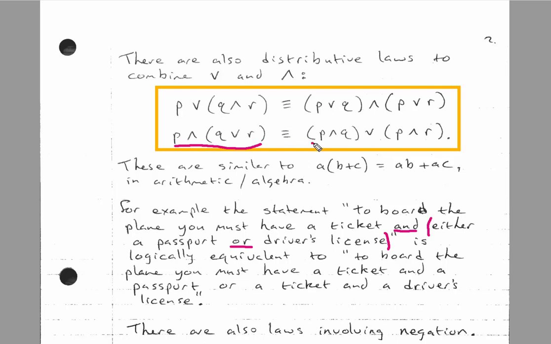Okay, well that's supposed to be equivalent to this stuff. So to board the plane you must have a ticket and a passport. That's this situation. Or a ticket and a driver's license.